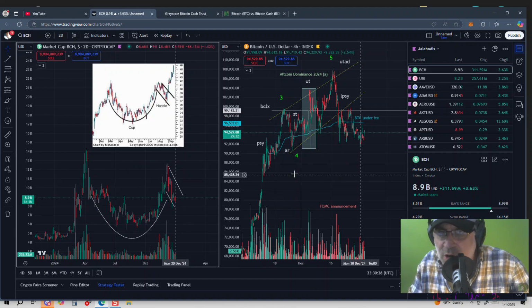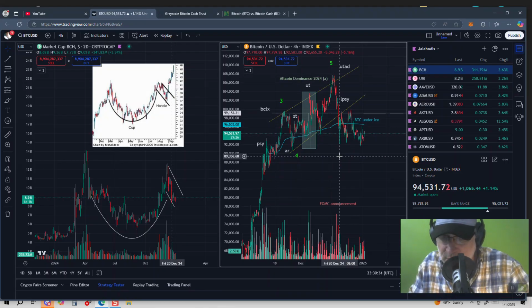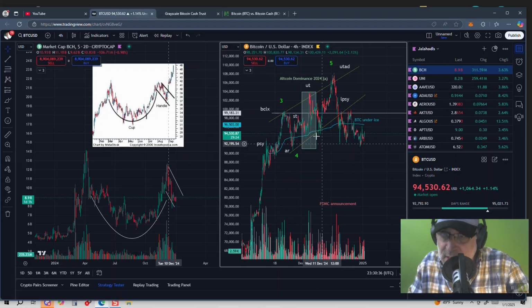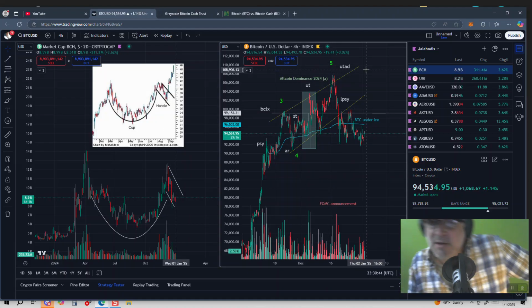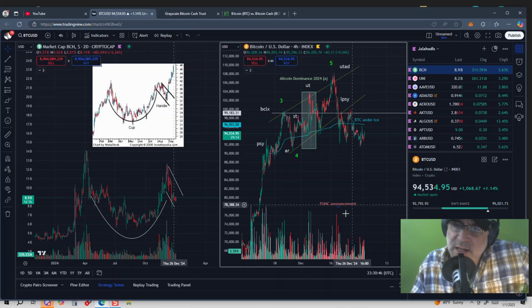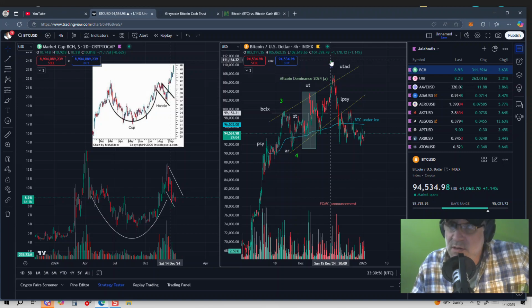And then on the right-hand side, we have this, which should be familiar to those of you who have been following these videos. This is Bitcoin, okay? We talked about all the different features on this chart, but this is the distribution that we're currently in that I believe is playing out. Along with the volume spread analysis, we have the FOMC announcement spike here that constituted this sell-off from the 5 wave, which I believe is manipulated.